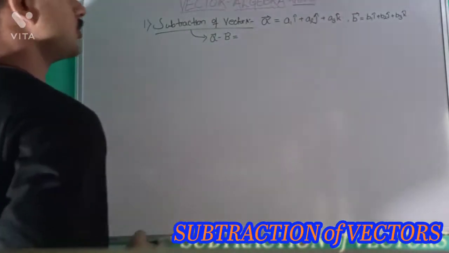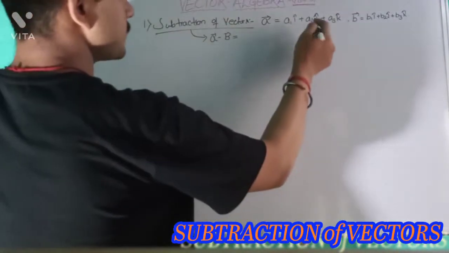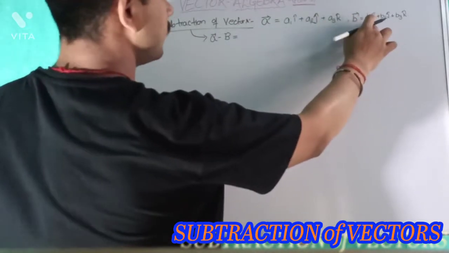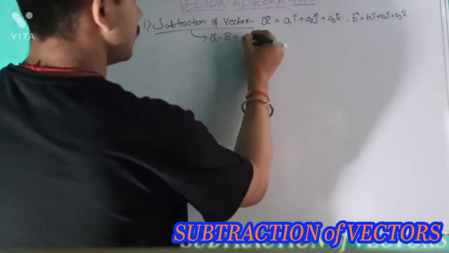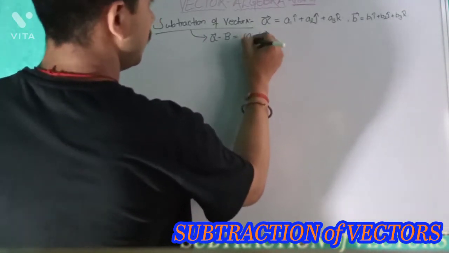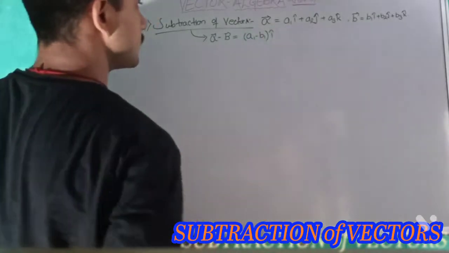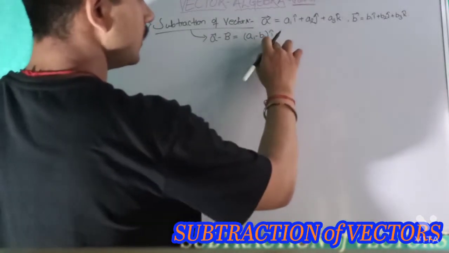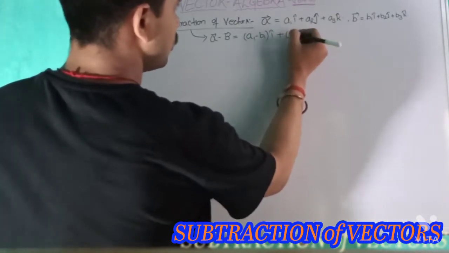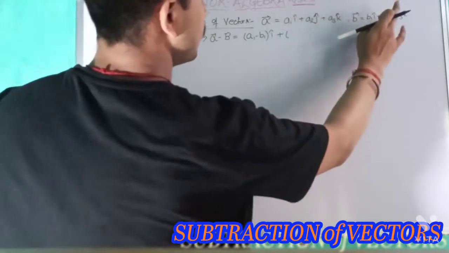So now writing it in a theoretical manner, a1, the x component of the first one, and b1, the x component of the second one, will give us a1 minus b1 in the x component place, that is i cap. Now coming to the y component place of the obtained result, the y component will be a2 minus b2.